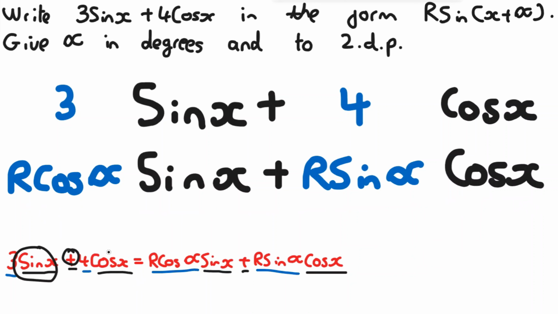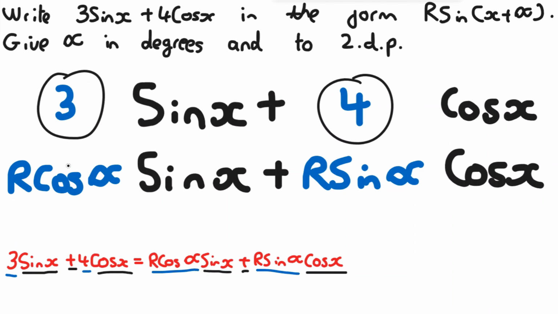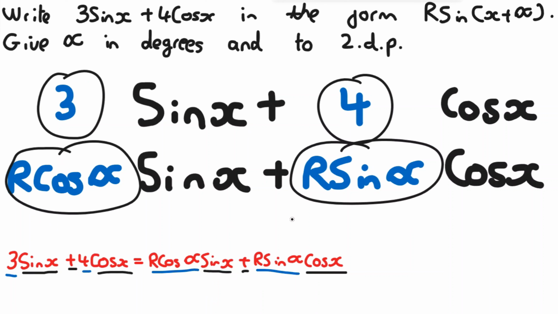We've got sin x plus cos x here, and sin x plus cos x here. The only difference is that on this side we have 3 sin x plus 4 cos x, and on this side we have r cos alpha of sin x plus r sin alpha of cos x.